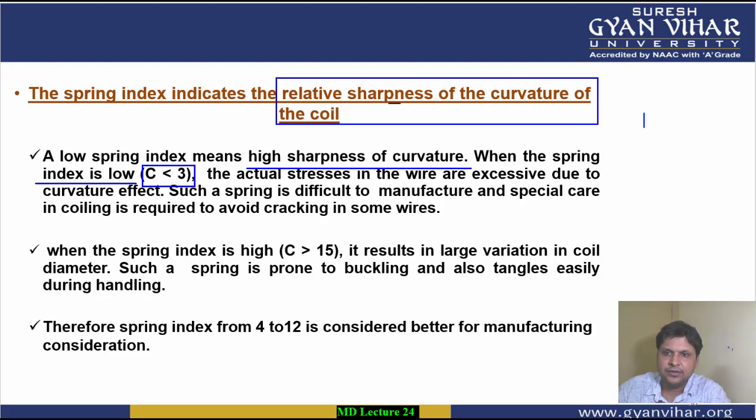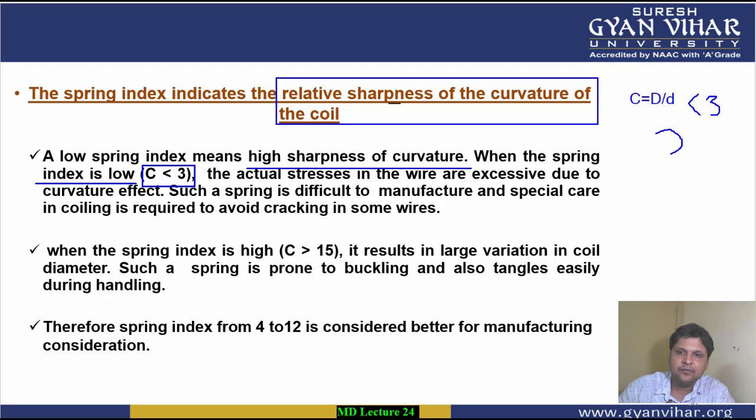As you can see, students, we all know that the spring index is the ratio of mean coil diameter, capital D, divided by small d. Now if the value of C is smaller than 3, this means that there is not much difference between capital D and small d. When can this happen?